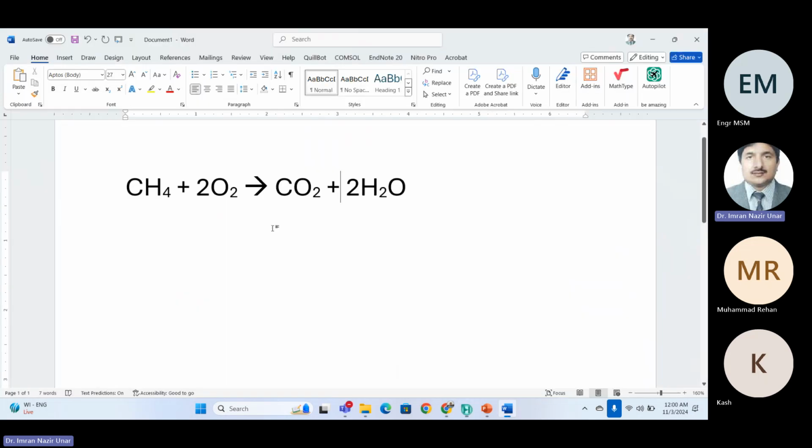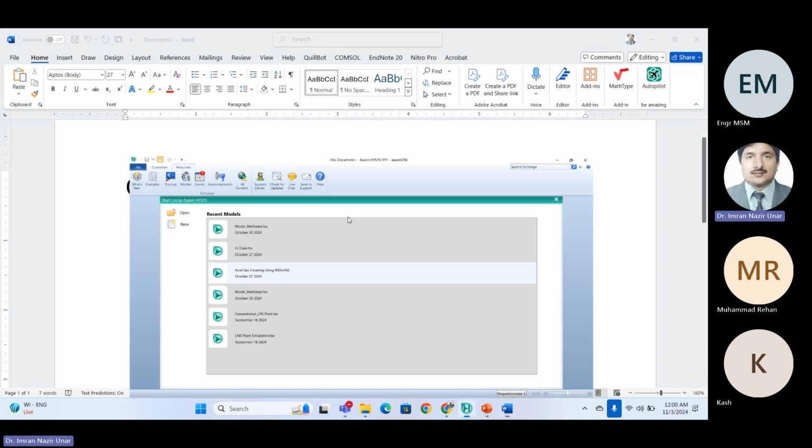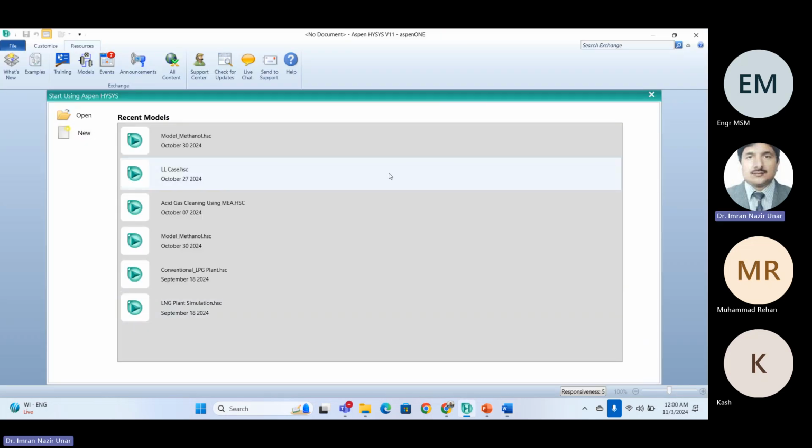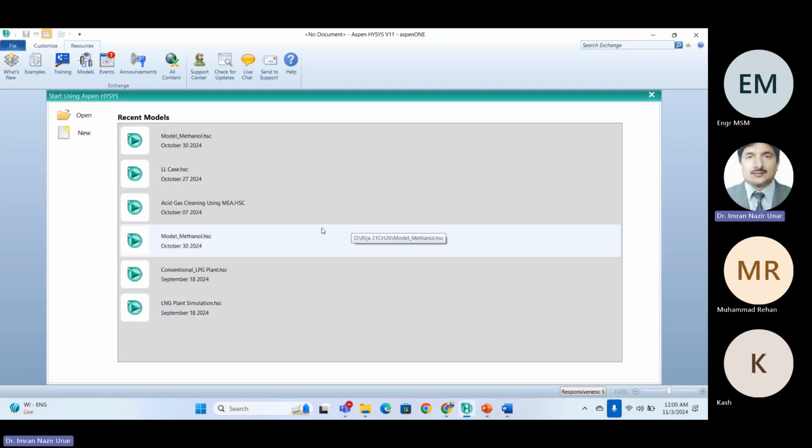Okay, so to demonstrate the development of a combustion reaction for methane, we have to first insert these species: methane, oxygen, carbon dioxide, and water. So we are starting our new case.